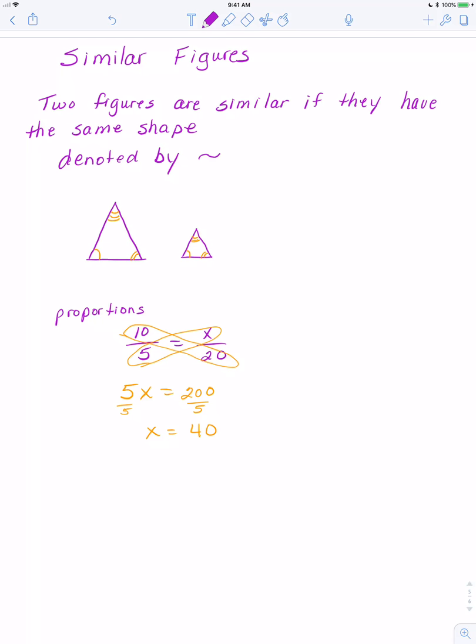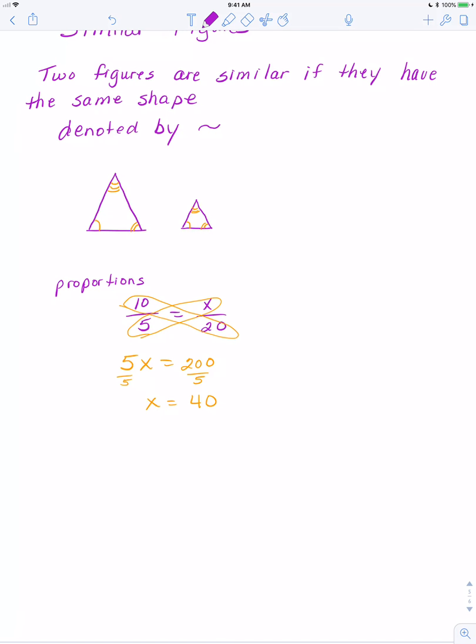Okay, being said that proportions are the same, let's look at two triangles.